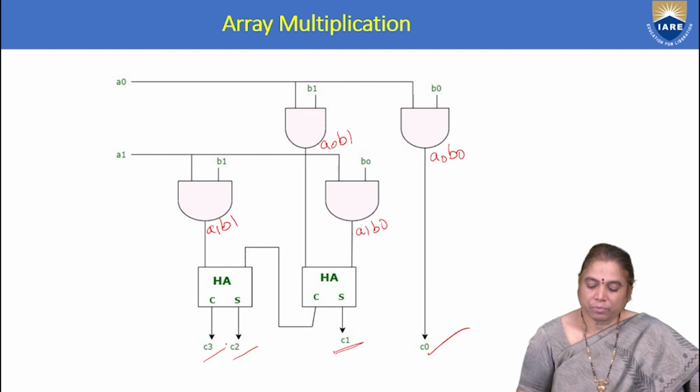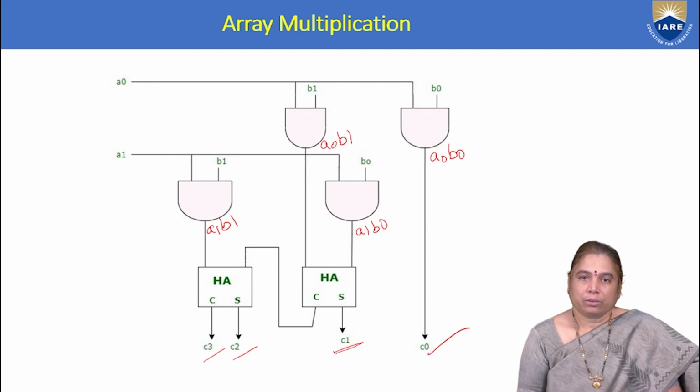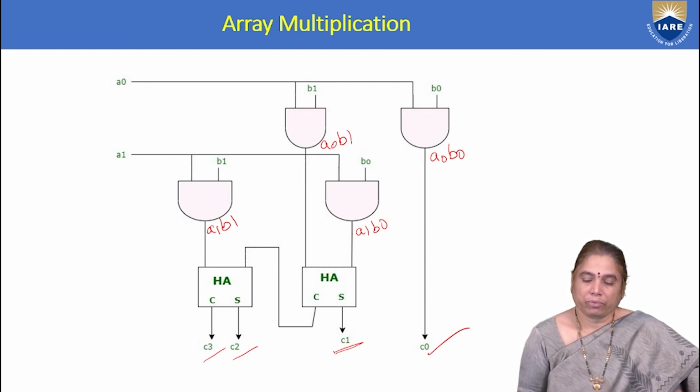C2 and C3 terms can be produced by this array multiplication. So with the digital combinational circuit, the multiplication can be performed with the help of AND gates, half adders and full adders. So binary multiplication can be performed with the normal multiplication algorithm.